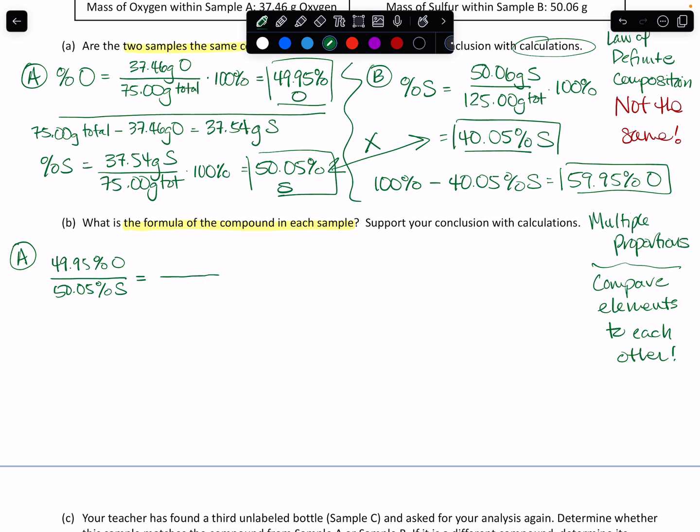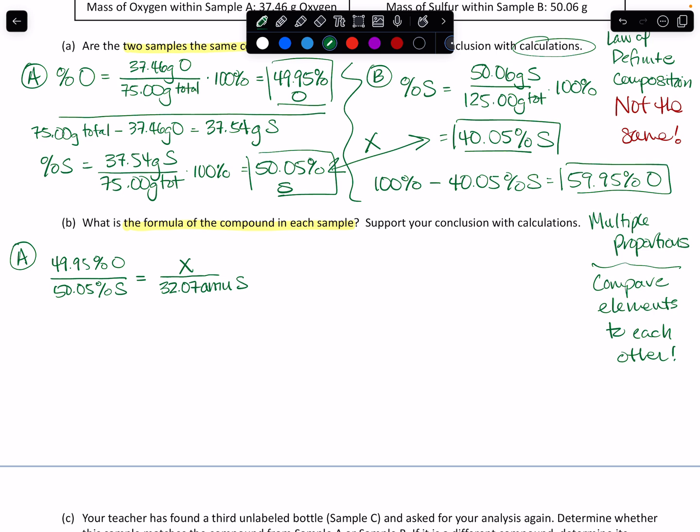I'm going to put my unknown up top since I put my oxygen percentage up top, and 1 atom of sulfur has an atomic mass of 32.07 AMUs. I got that value off of the periodic table, so make sure you have your periodic table handy.